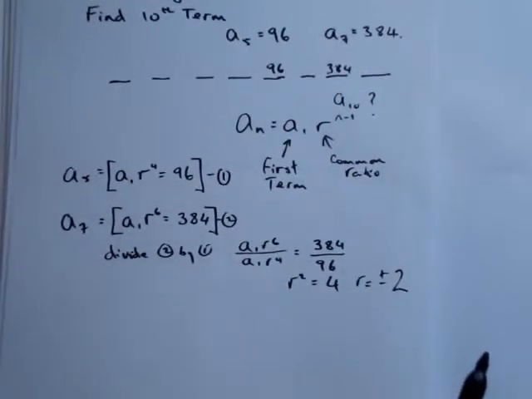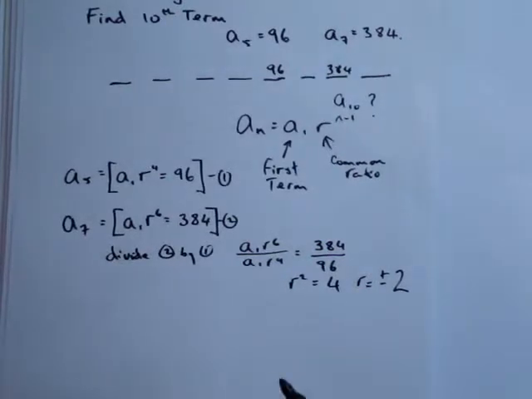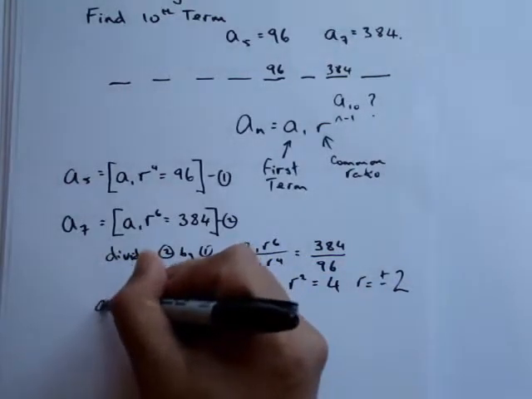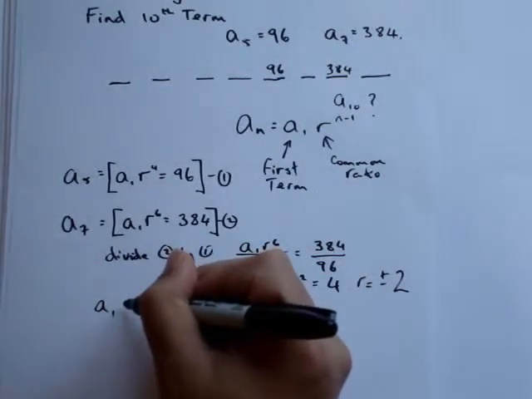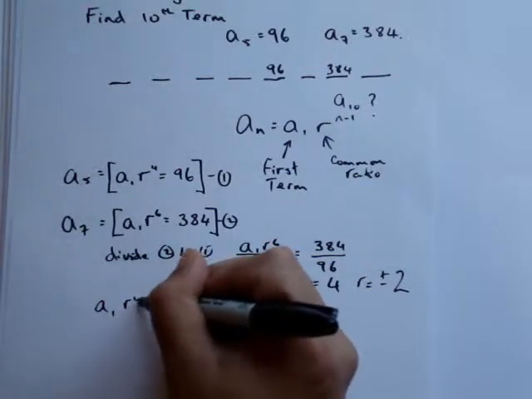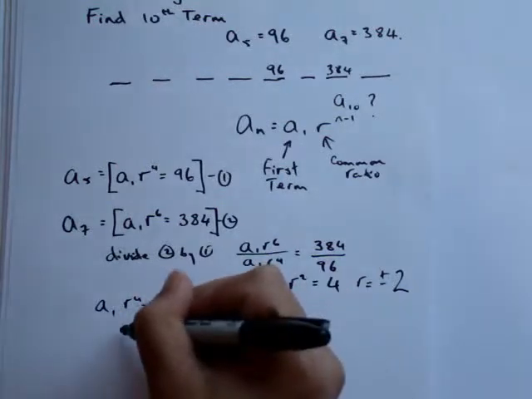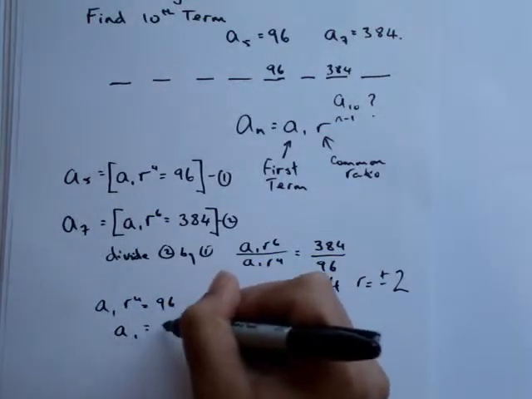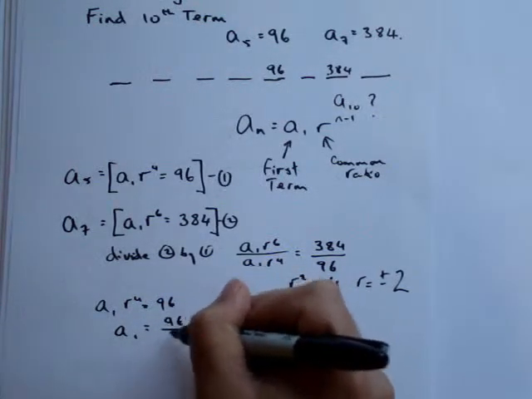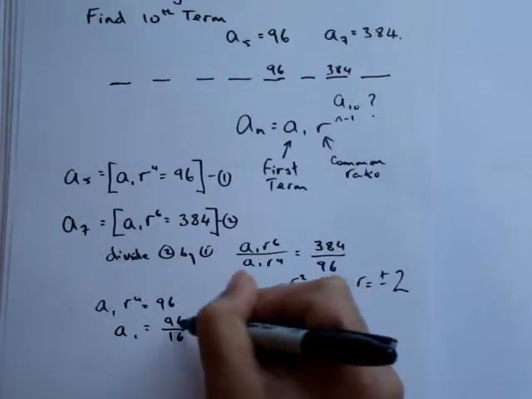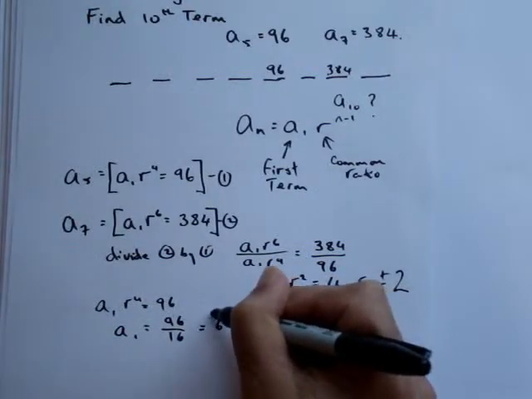Now from equation 1, a1 r to the power 4 equals 96, a1 equals 96 over 16, and that equals 6.